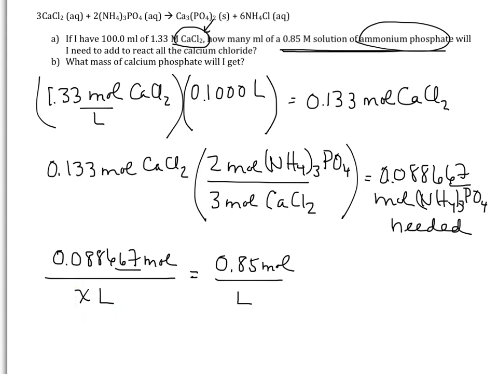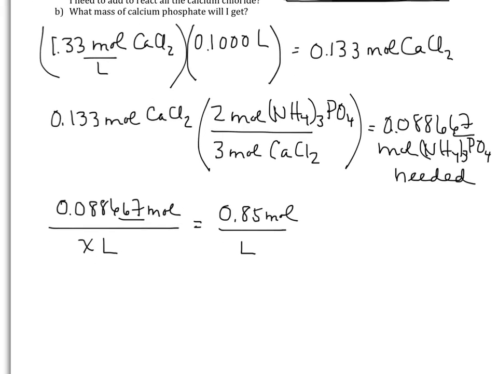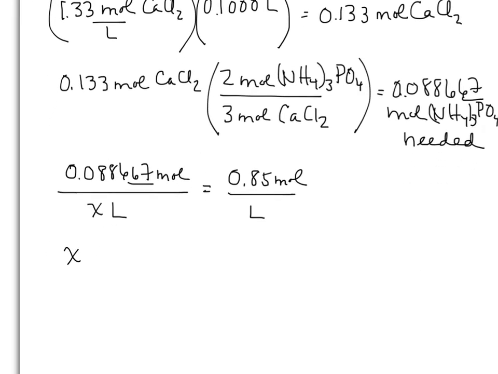So if I solve for x here, x comes out to be 0.1043 liters. And because I'm asked for milliliters, I'm going to convert. It's going to be 104.3 milliliters.